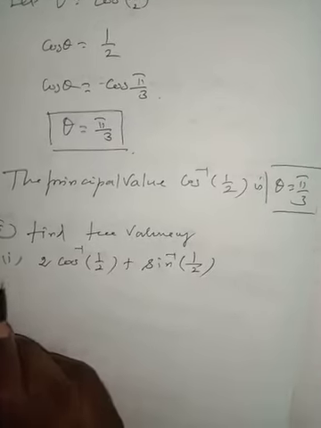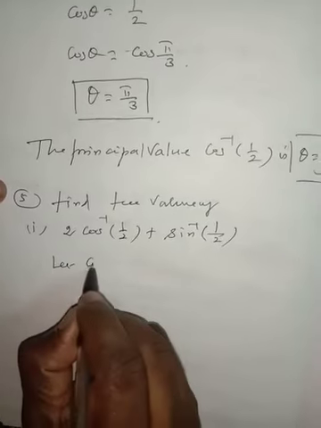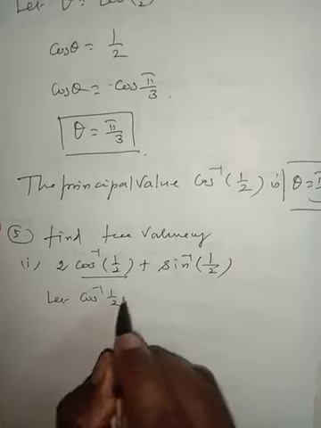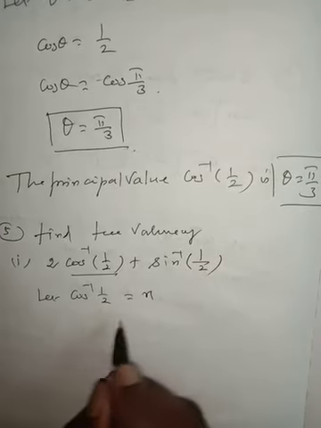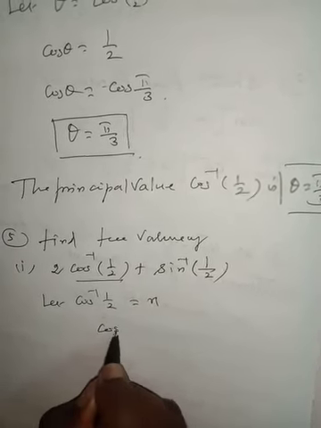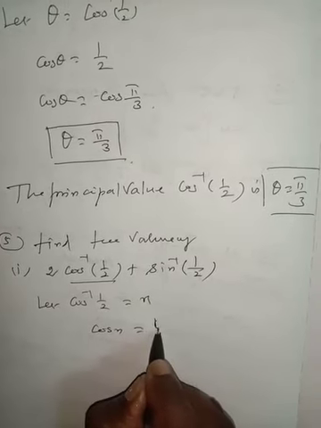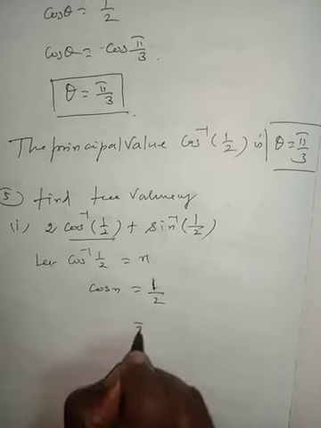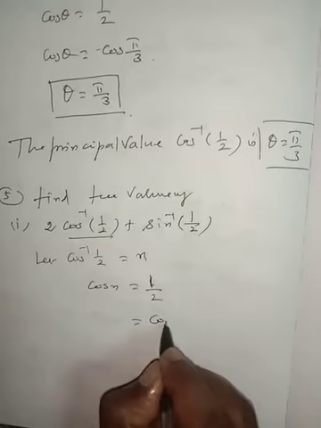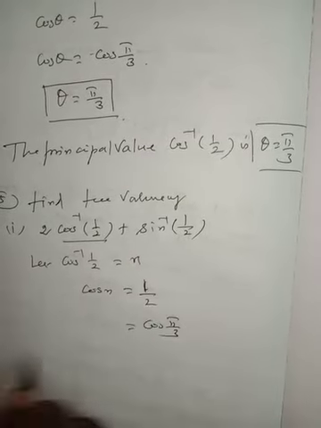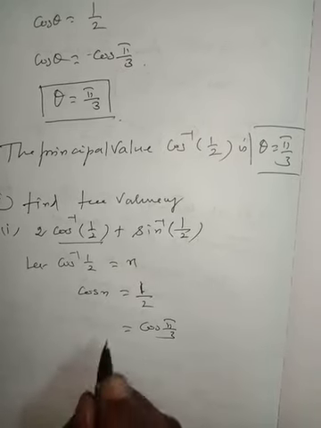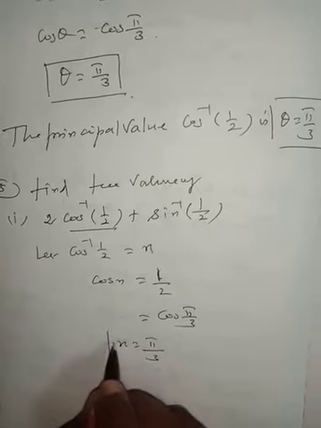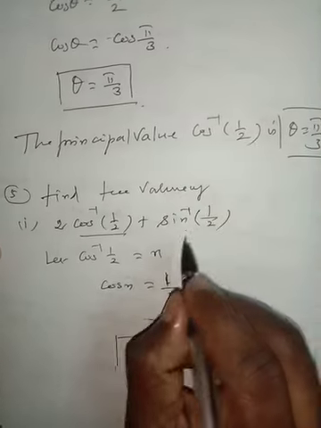First, let cos inverse of 1 by 2 is equal to x. Cos x is equal to 1 by 2. In terms of cos column, 1 by 2 is cos pi by 3. So taking cos inverse on both sides, we get x is equal to pi by 3.